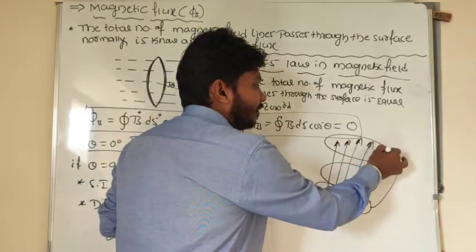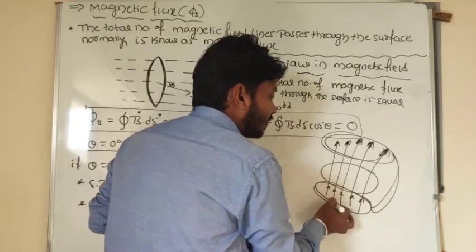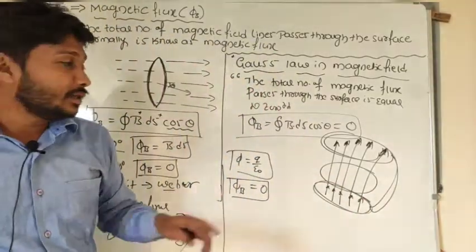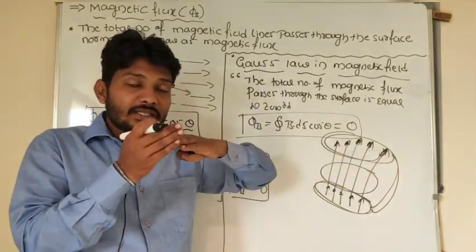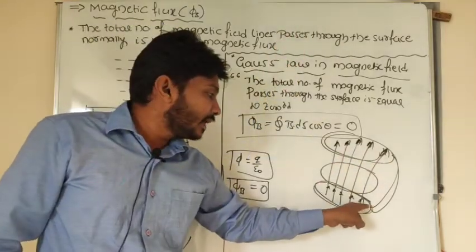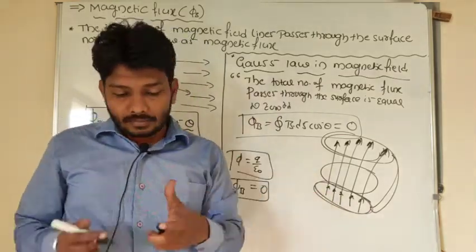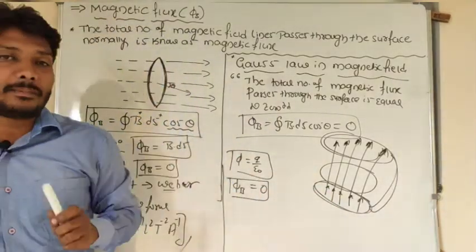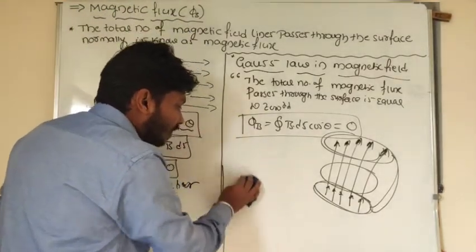How many magnetic field lines emerge from the north pole, the same number will enter into the south pole here. From Gauss law in magnetism, it implies that magnetic monopole does not exist.